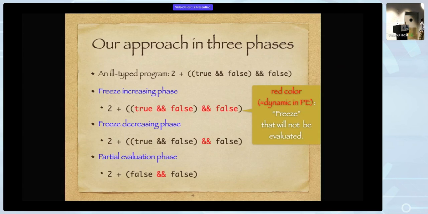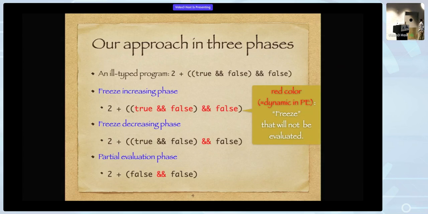For partial evaluation, we need to annotate something. This red bar means annotation, and it means dynamic in partial evaluation. Dynamic means it cannot be evaluated in the partial evaluation phase.